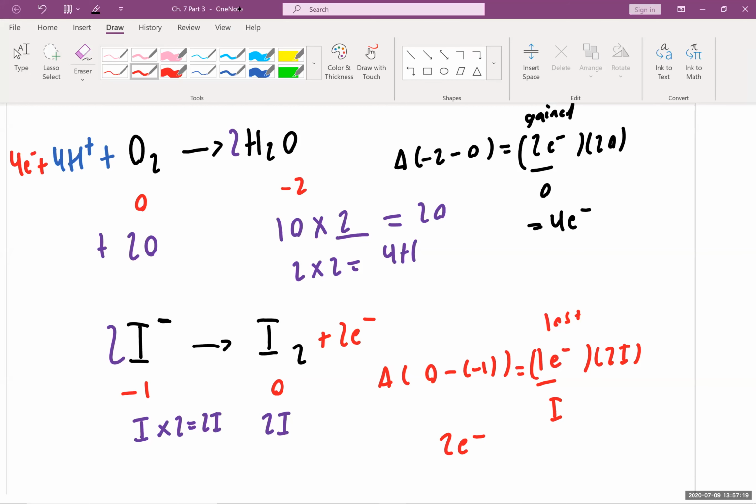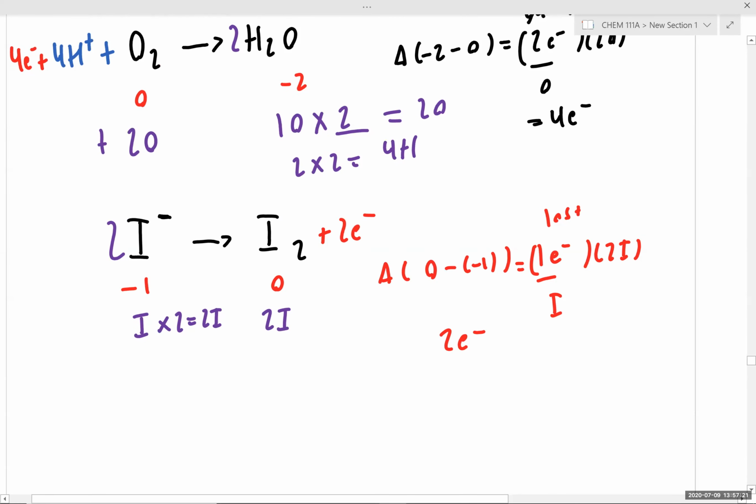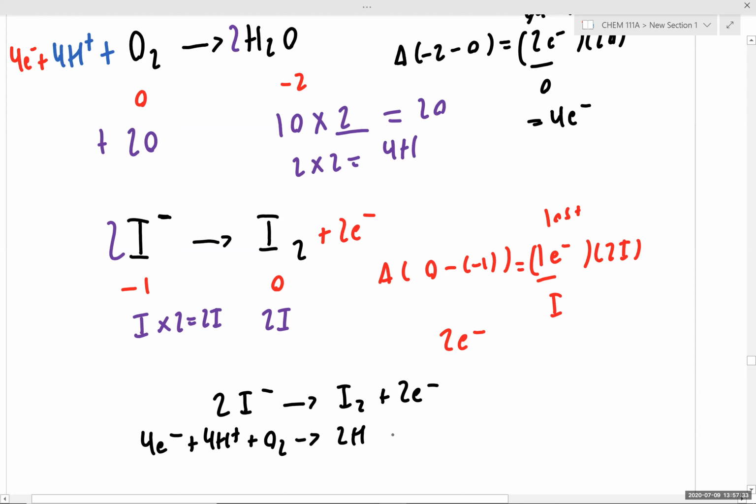Okay, so now that we have our equations, we have 2 iodide leads to iodine plus 2 electrons, and we have 4 electrons plus 4H plus O2 leads to 2H2O. What do I need to multiply my top equation by in order to have the same number of electrons on each side?